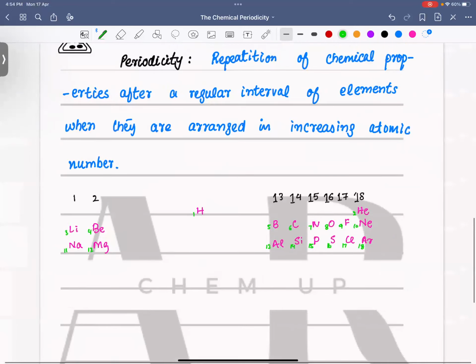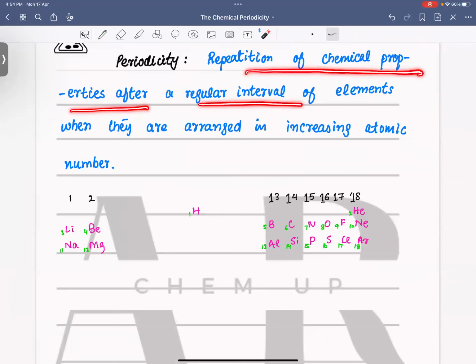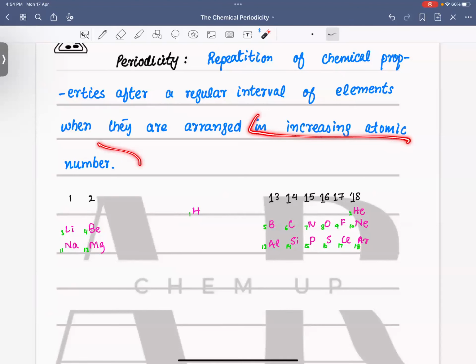Now, if you read the statement again, it is telling you the repetition of chemical properties after a regular interval of elements when they are arranged in increasing atomic number. This is not necessary to write every time. This is how the elements are arranged in the periodic table.